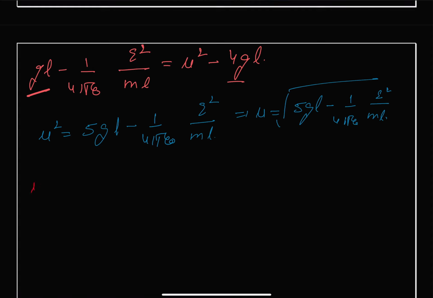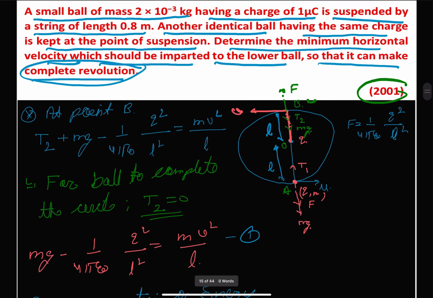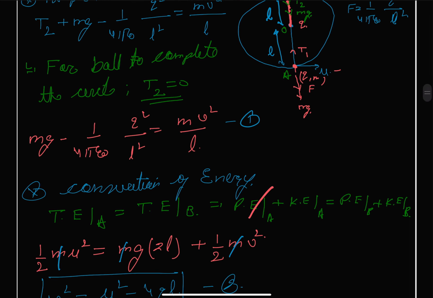So we can say our U will be coming approximately as 5.86 meter per second. So this is the value of U at the lowest point, so as to complete one revolution.